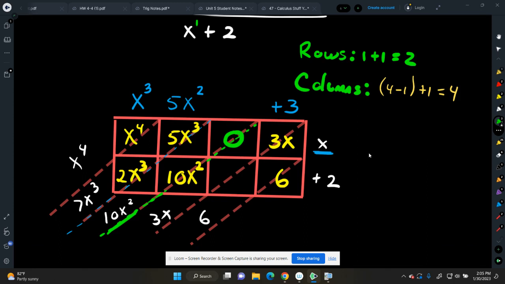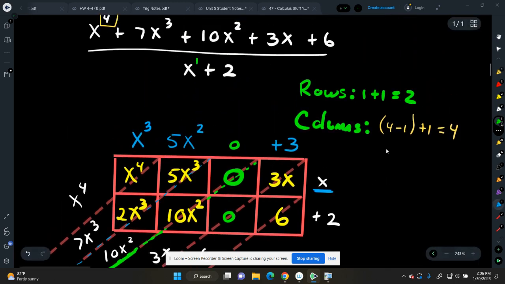So this is 0. What do I multiply x by to get 0? 0. There you go. And then 0 times 2 is 0. So what does this equal? X to the third plus 5x squared plus 3.